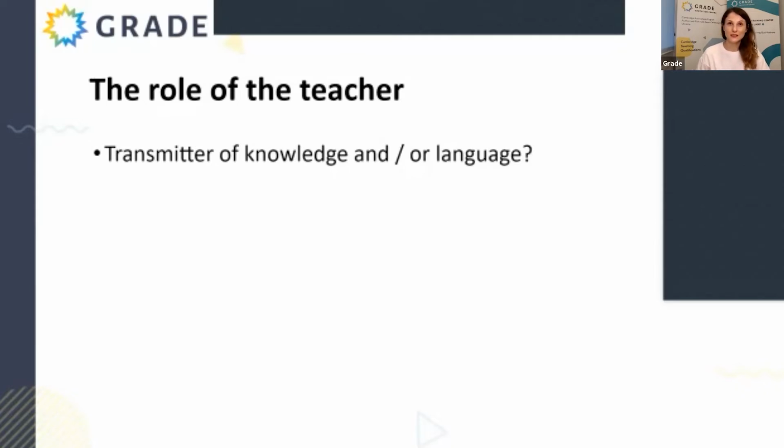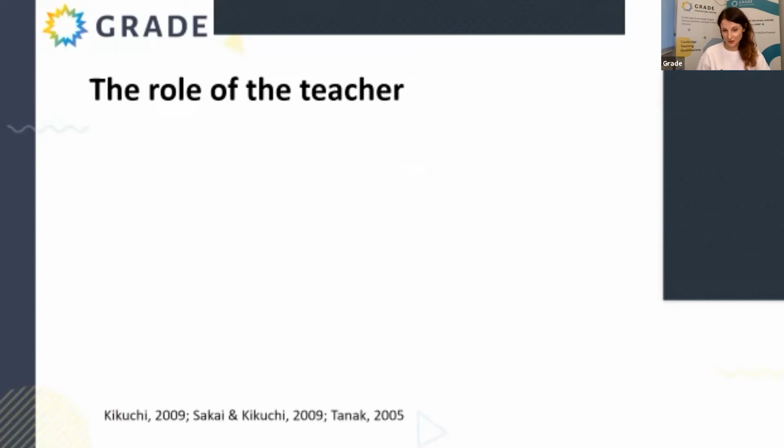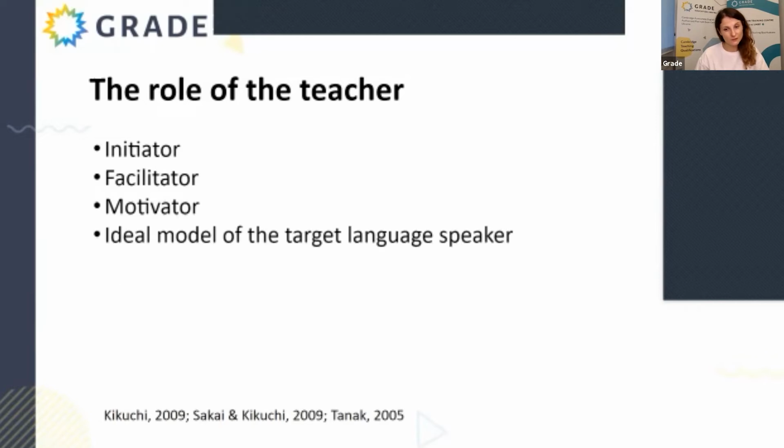Well, the teacher does have more knowledge in a certain subject, obviously English in our case, but we see the teacher now more as a person who guides students through the learning path, who oversees it, the person who sees the bigger picture.